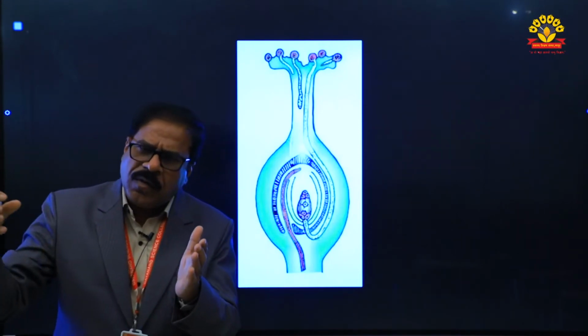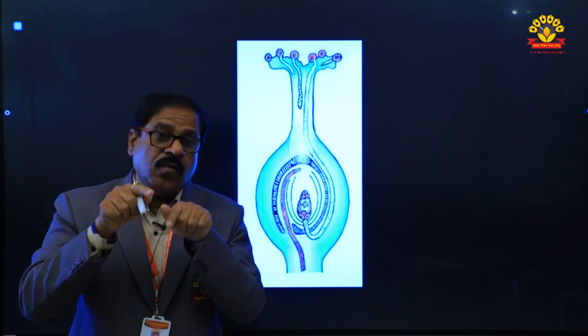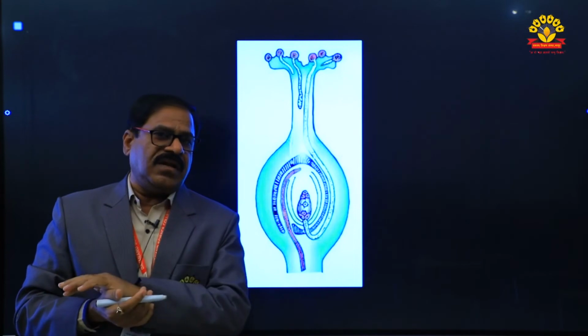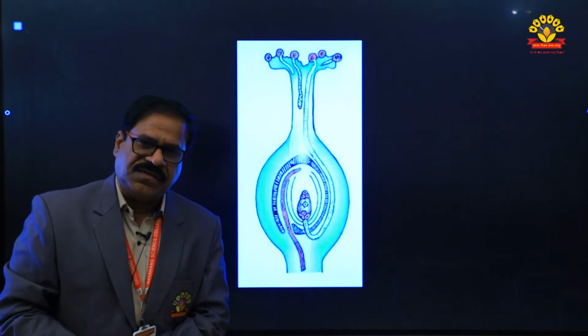And not only does the pollen tube reach up to the embryo sac, but along with this pollen tube, two non-motile male gametes also reach up to the female gametophyte.